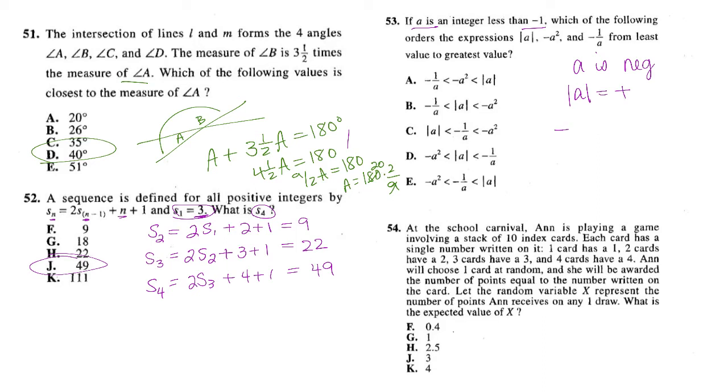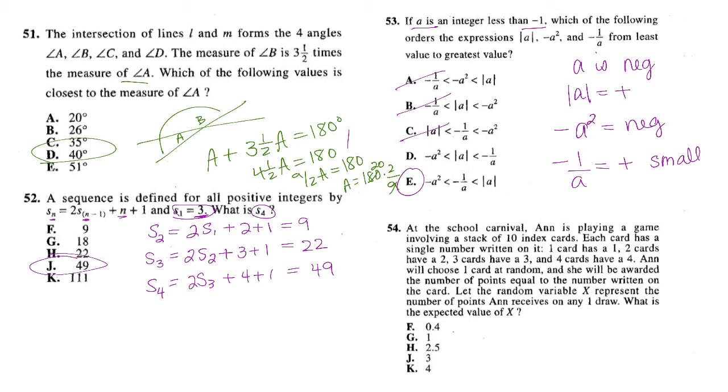And let's see, negative A squared, that's still going to be negative. And then negative 1 over A is going to be positive but small. So the ordering of these from least to greatest, we need negative A squared first. And then we will need 1 over A. So that's going to give me answer choice E.